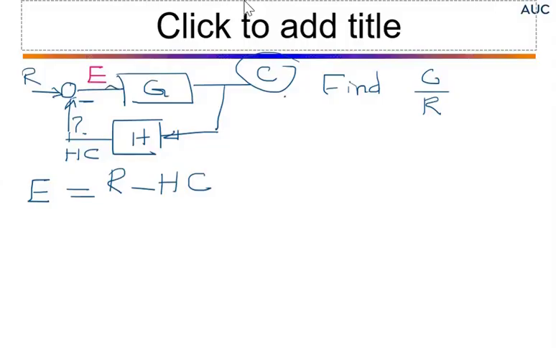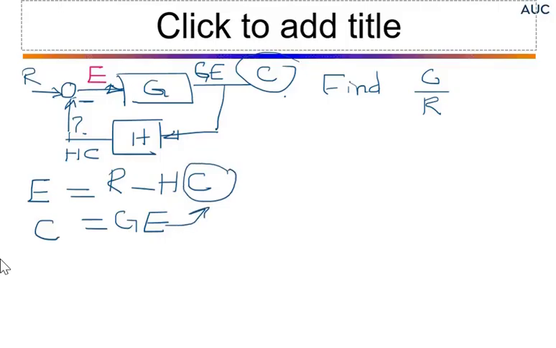You have here a signal E coming into G, so the output will be equal to G times E. So we can write C equals G times E. I'm going to substitute for C in here from this relation G times E. So I get E equals R minus HGE.